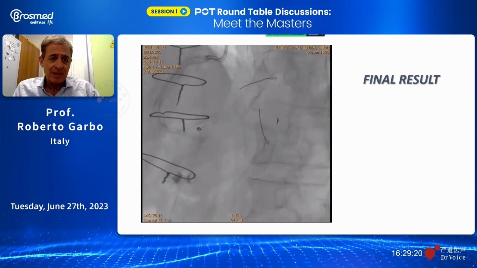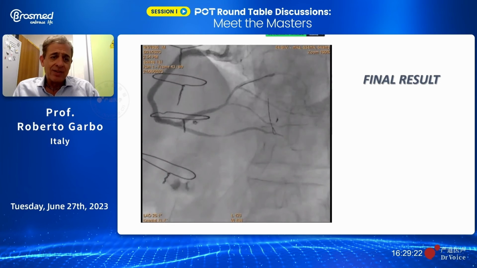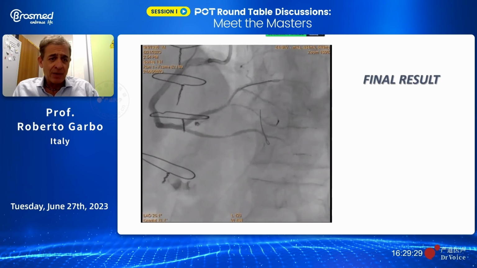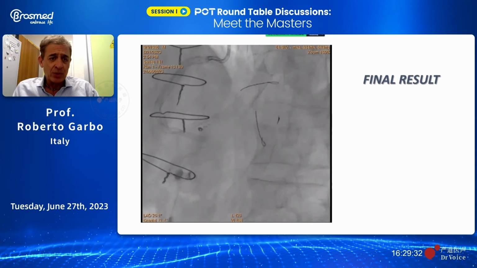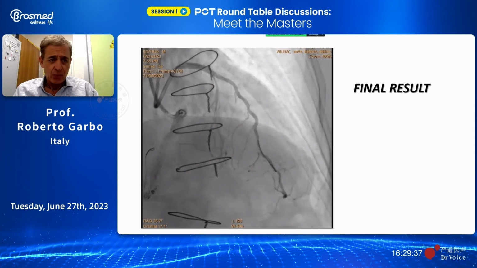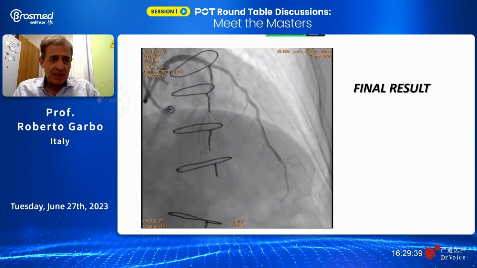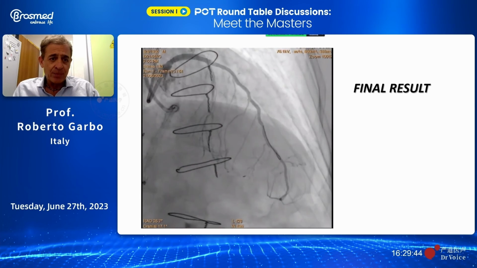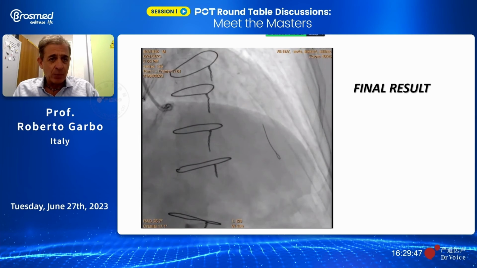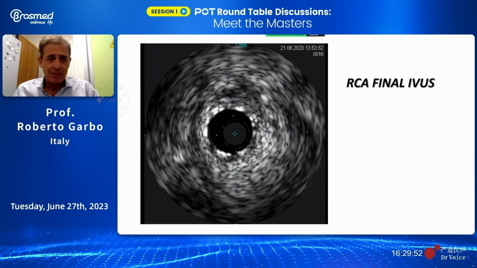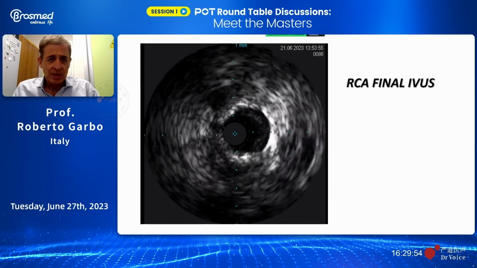I think it's a very good result in all the right. We leave the disease in the PDA that was present at the beginning. You can see the coil at the level of the hole. We can see a very good posterolateral branch. Then, of course, we check the left system to be sure we have no damage of the septal that we used for the retrograde approach. So we have the last shot on the left, and then the final IVUS pullback.